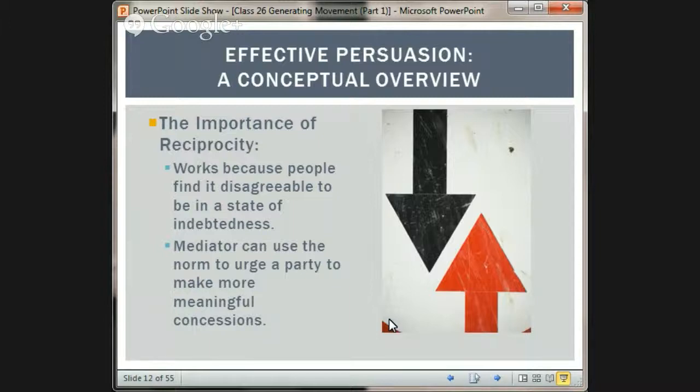So, you noticed in the silent negotiation, when your concession was not reciprocated, how upset that made you. And so when we're helping parties negotiate, we want to be able, for instance through role reversal, to help them understand how a concession that's not reciprocal is going to be received by the other side.